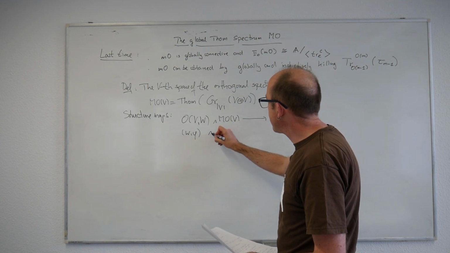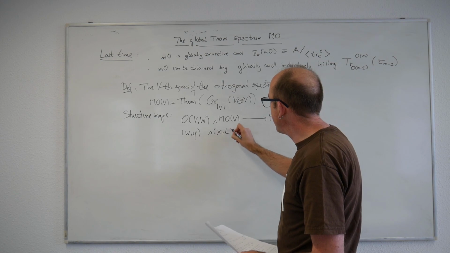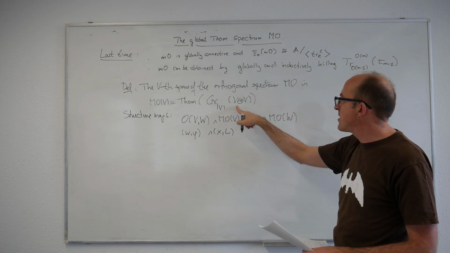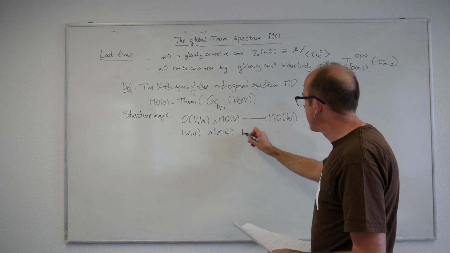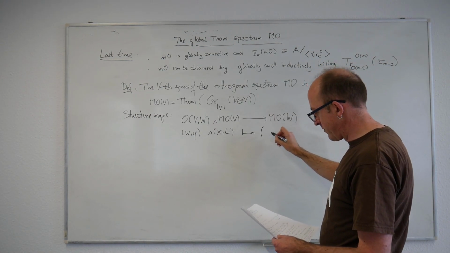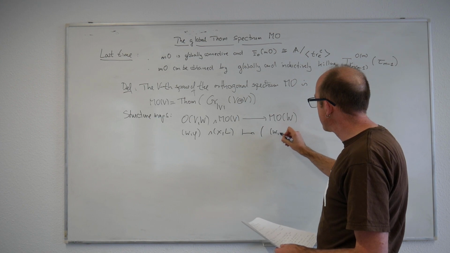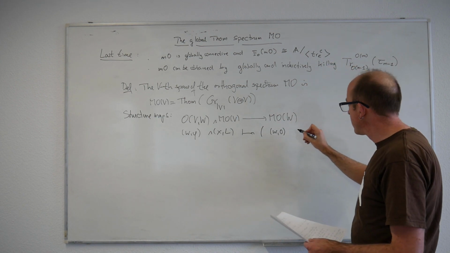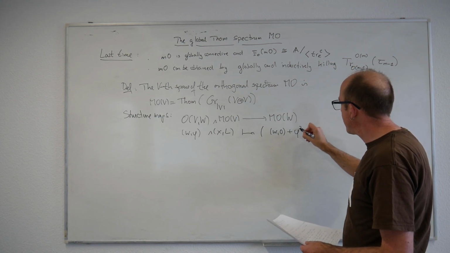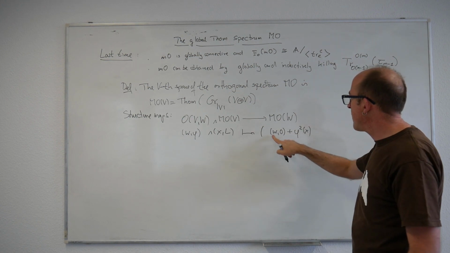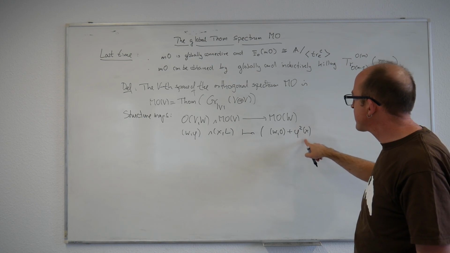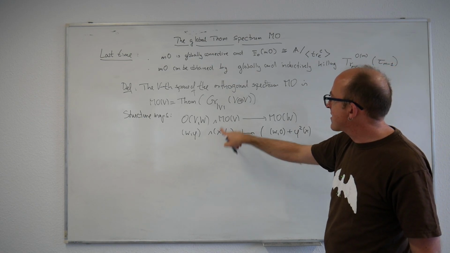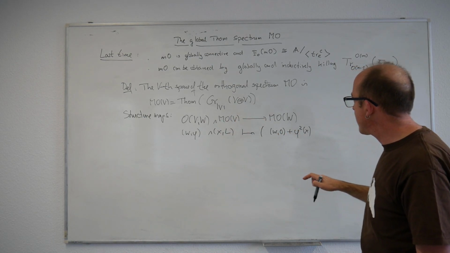An element in here is an x, L, where L is a V-dimensional subspace of V plus V, and x is a point in L. And I'm sending this to the following expression. I'm sending this to (w, 0) plus phi squared of x. So (w, 0) lies in W plus W. Phi squared applied to x, which lies in V plus V, also lies in W plus W.